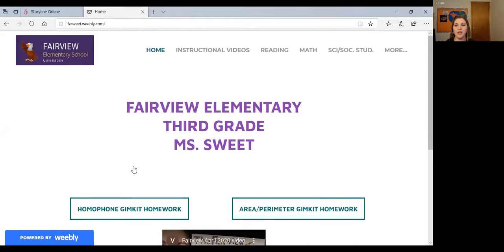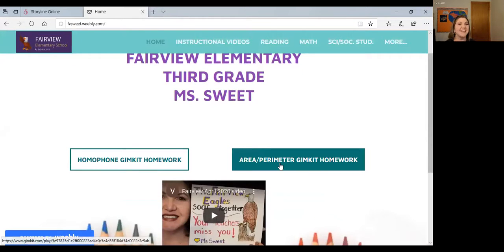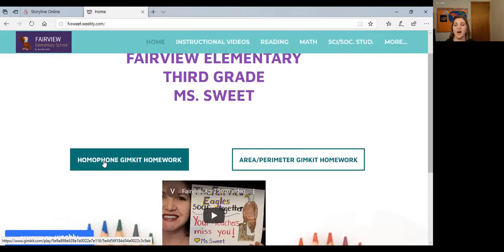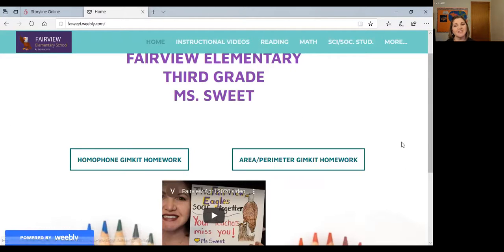If you go to these top two buttons, these are gym kits that you can play at home. I assigned them for homework and they should be completed by this coming Friday. There is a homophone gym kit and there is an area and perimeter gym kit for math. So please hop on to the webpage and do those for homework.